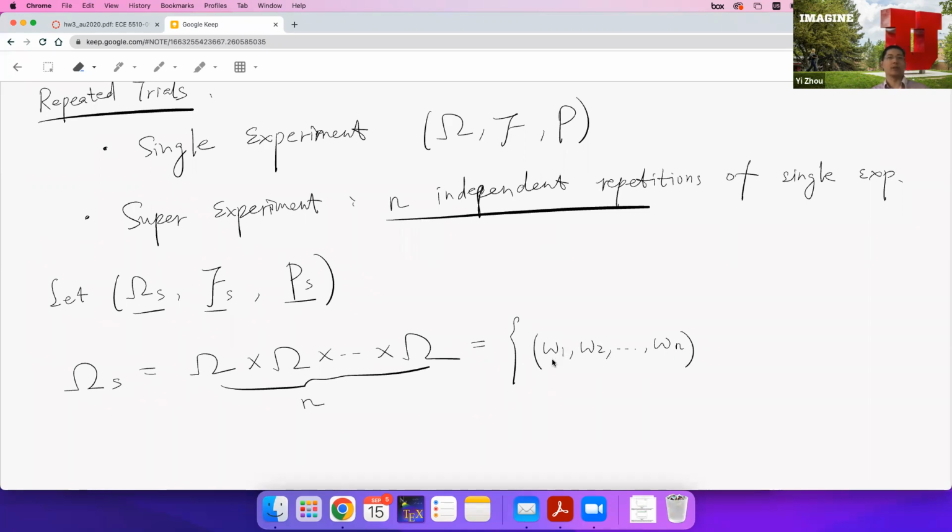So omega 1 is the outcome from experiment 1, omega 2 is from experiment 2. So basically, each omega i is the outcome from a single experiment.